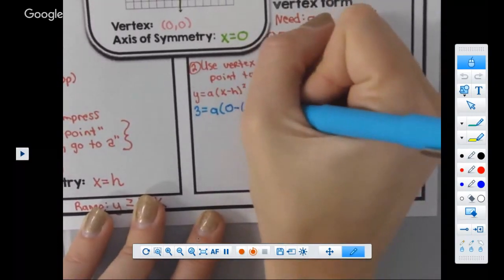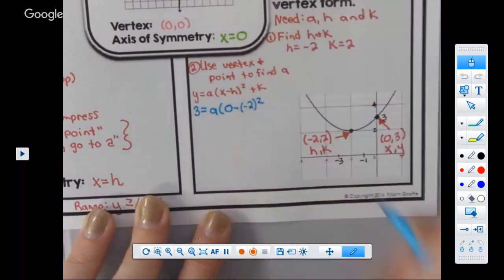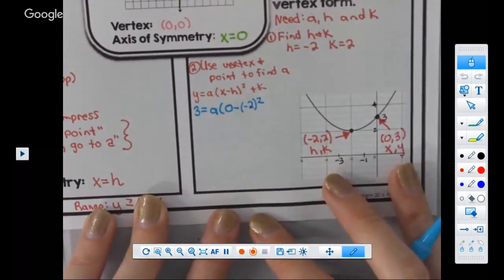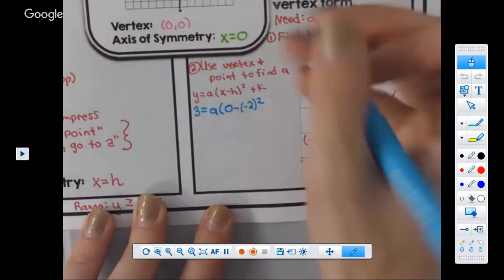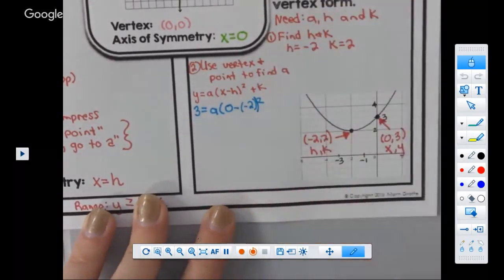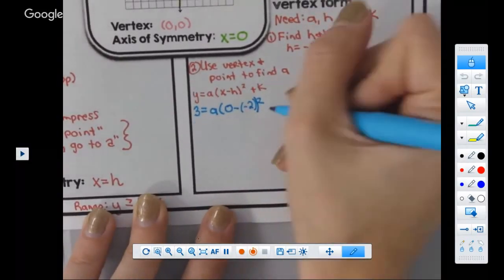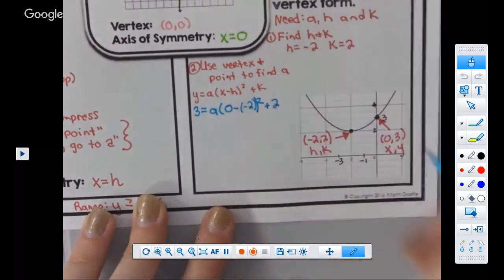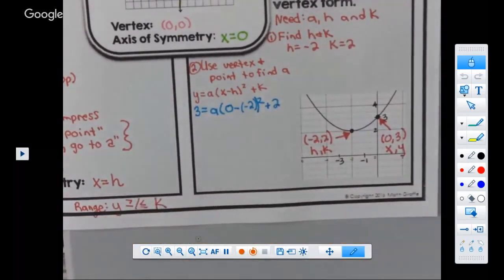Negative, so I'm going to have -2 squared. Okay, do we have something that we called k? We now have all numbers in one variable. Okay, the variable that we don't have is a, so we can now solve for a.